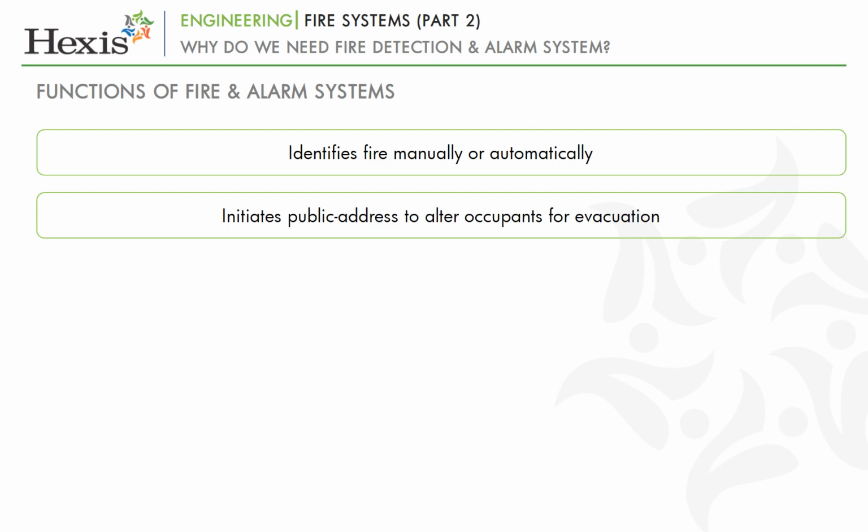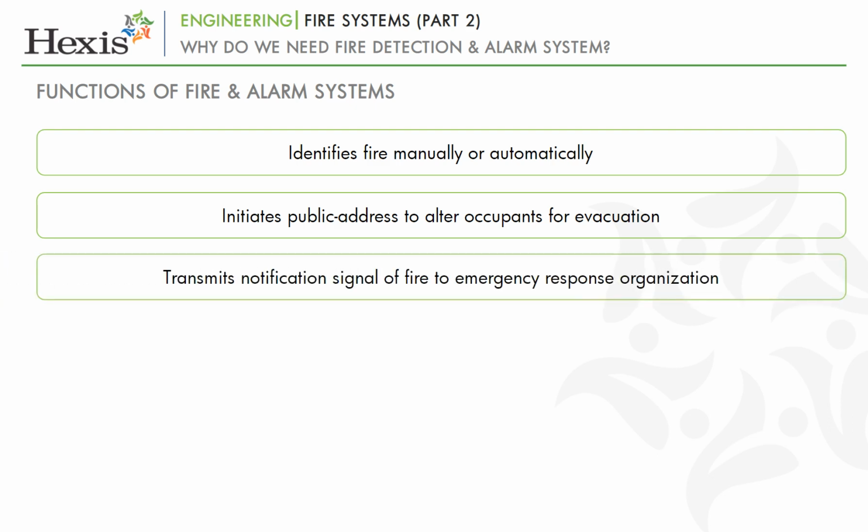Some systems may be configured to automatically initiate announcements through the public address system, that is, the PA system. Another common function is the transmission of an alarm notification signal to the fire department and police department or other emergency response organization.